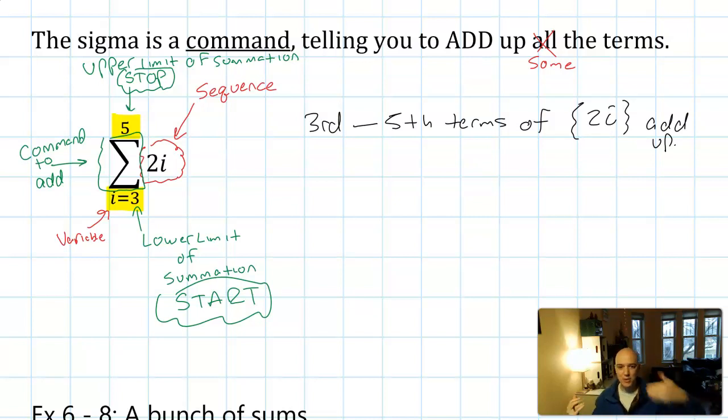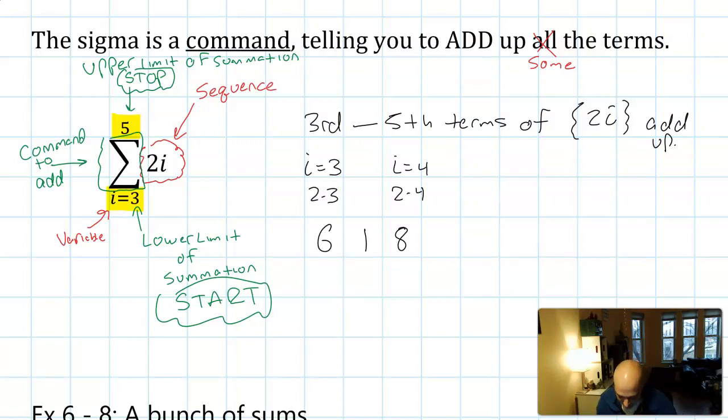That's what sequences do. So the third term, when i is 3, we do 2 times 3, and we get 6. When i is 4, we do 2 times 4, and this is not a very complicated sequence, and we get 8. And then we take 6 and add it to 8.